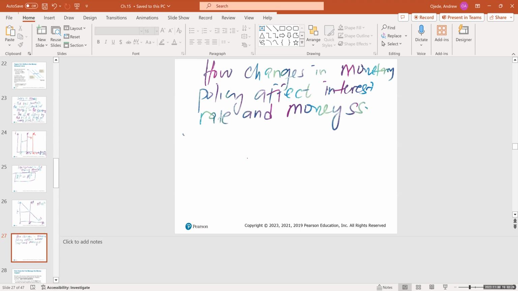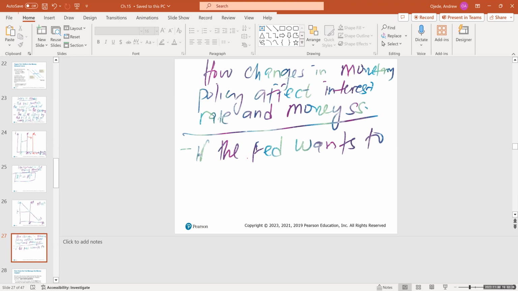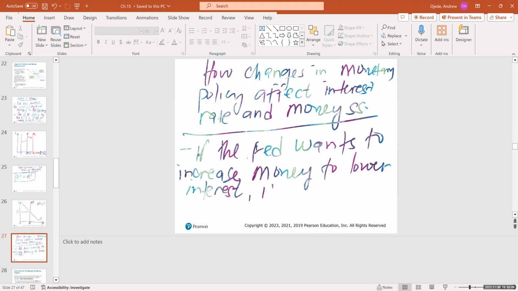Okay, so for example, we have already seen that if the Fed wants to increase money supply to lower interest rate, it can buy bonds.